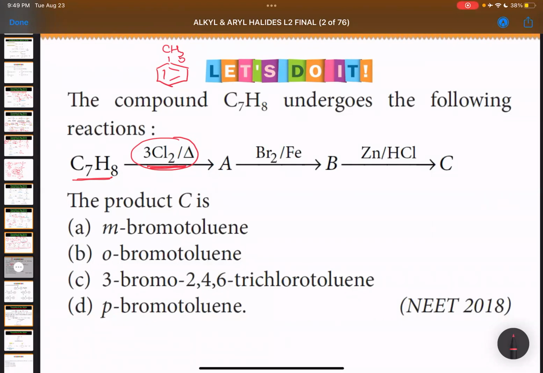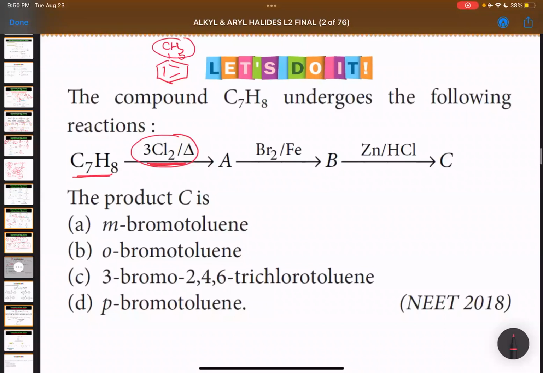This is happening at this CH3. Is it clear? So this is happening not on the benzene ring, it is happening on the methyl, which is a connected sp3 carbon.